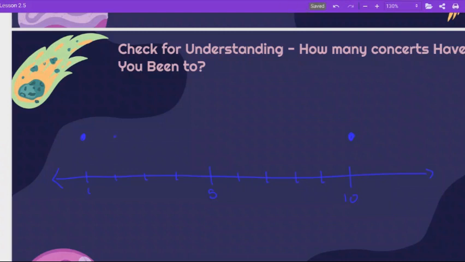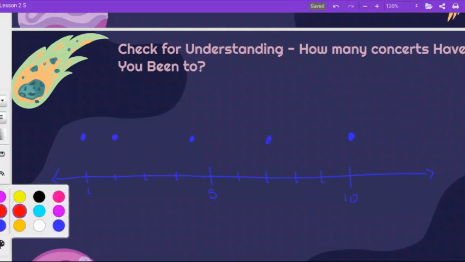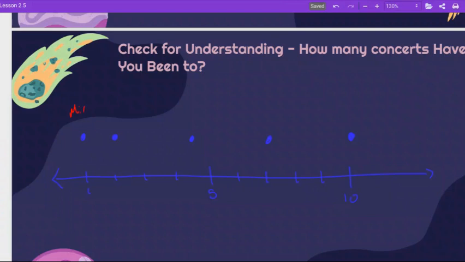Q1 was at 2. Q2 was 4.5. And Q3 was 7. Okay, so again, this is the min, Q1, Q2, Q3, and the max, the 5-number summary.